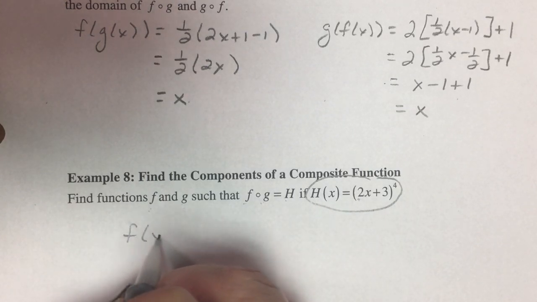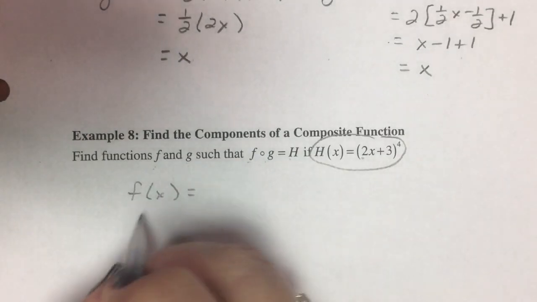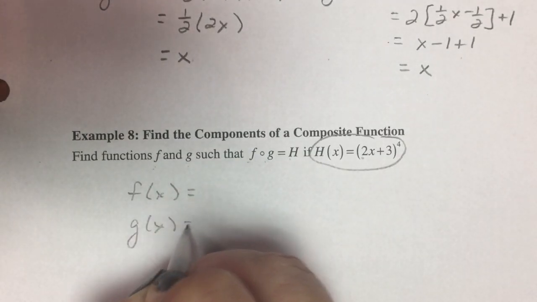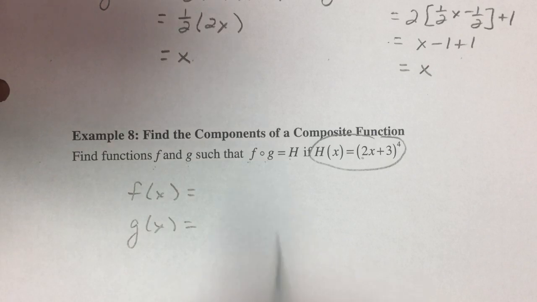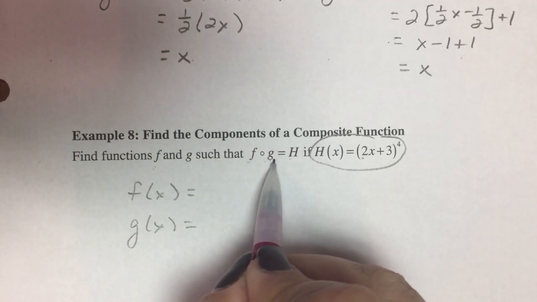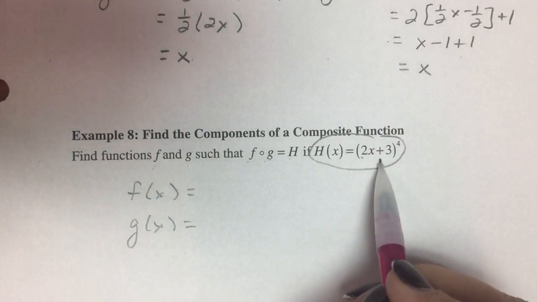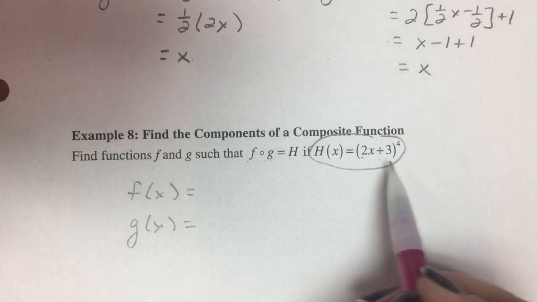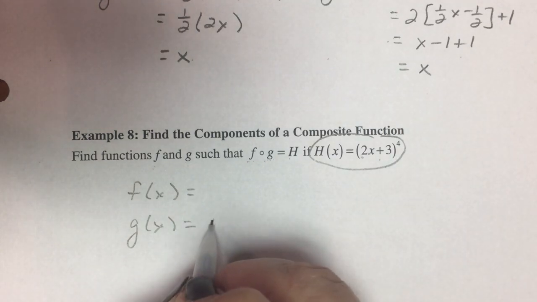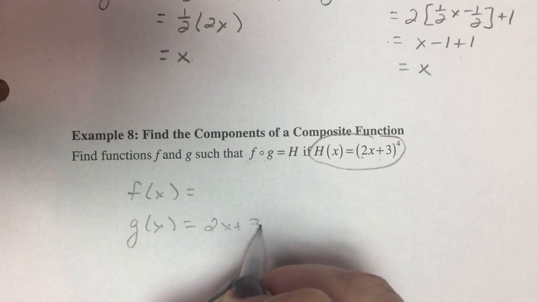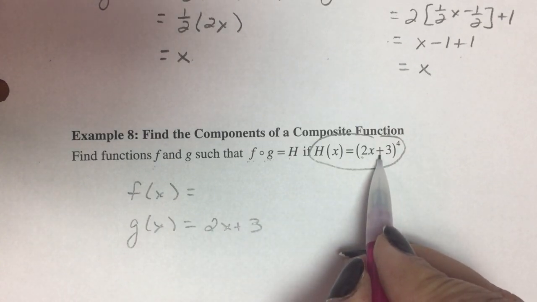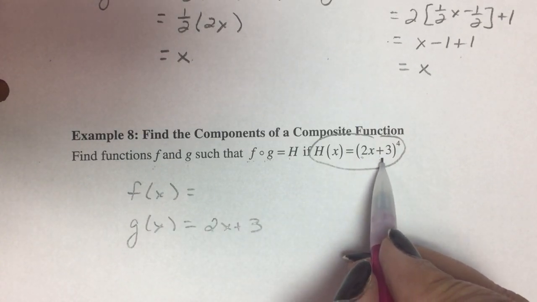Well, let's start off with this. I'm looking for two functions. Here's the easiest way that I can think of this. If you look at how they write it here, the g is being plugged into the f. So I want to look at this function and, don't overthink it, ask myself, what does it look like was plugged into another function? Well, to me, it looks like the 2x plus 3 was plugged into something else, some x.